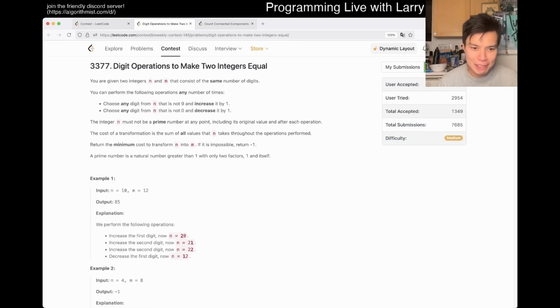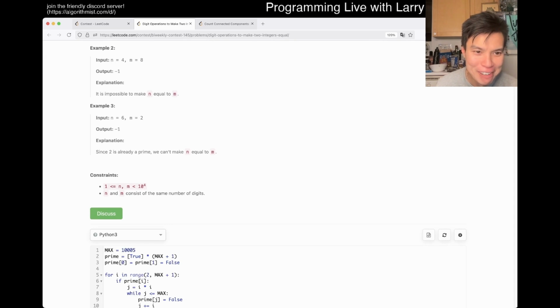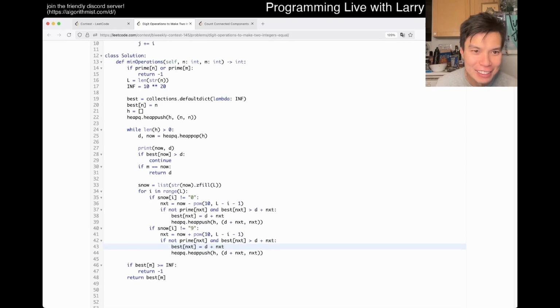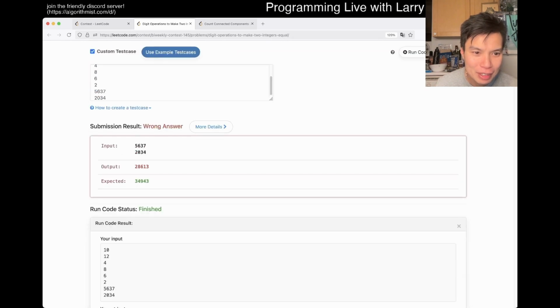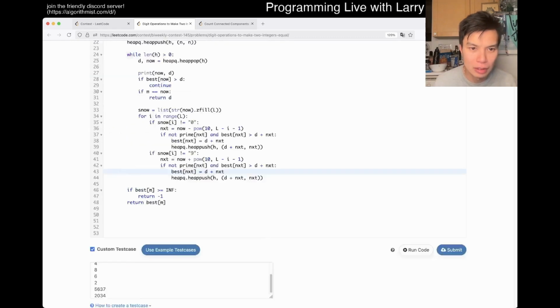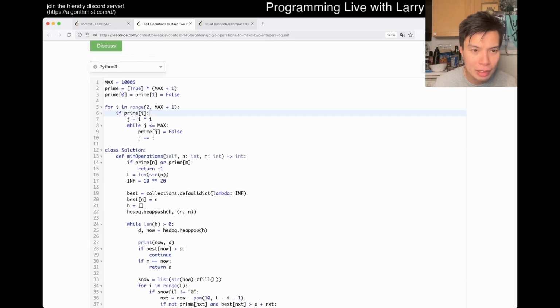This is so dumb that I feel like I'm not doing anything that smart to be wrong. Expected is so much bigger though. And I don't even know how to trace this. Okay. Is my prime factoring wrong? I did it pretty quickly.